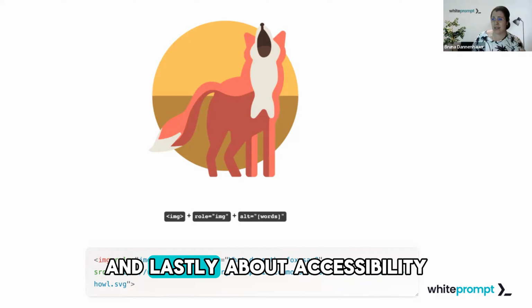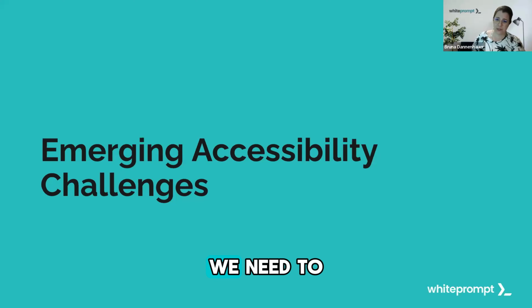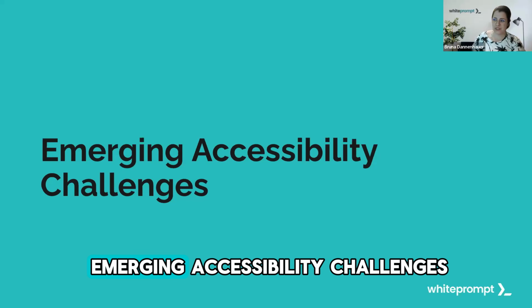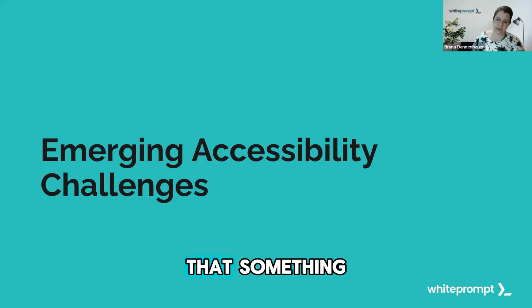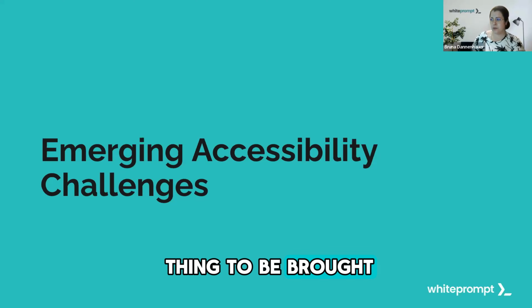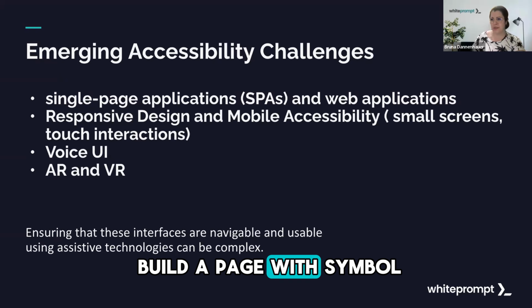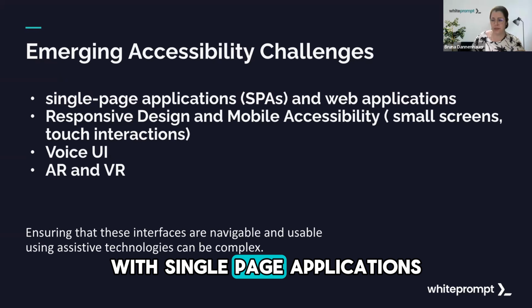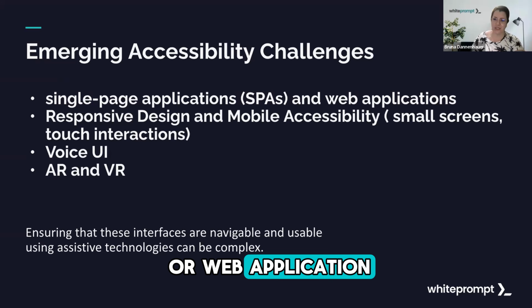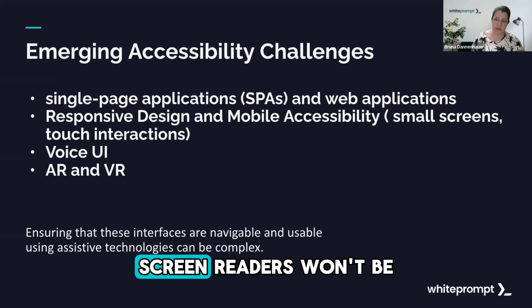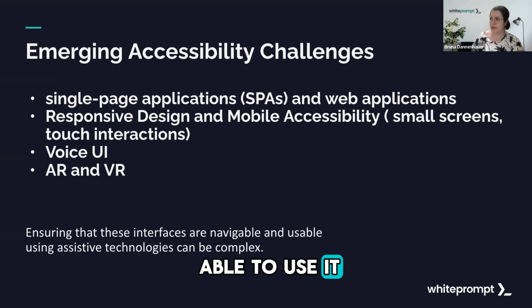And lastly, about accessibility, we need to keep in mind emerging accessibility challenges. That's also a good thing to bring up, because, for example, when you build a page with single page applications or web applications, if you don't build it properly, screen readers won't be able to use it.